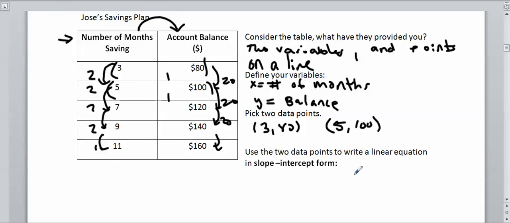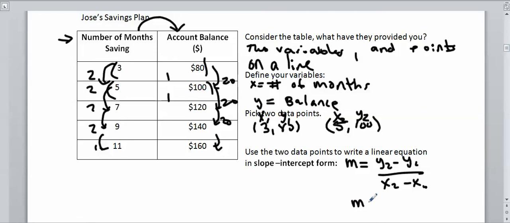So to find the slope, it says use the 2 data points to write a linear equation in slope-intercept form, but the first thing I need to do is find the slope. So that's y2 minus y1 over x2 minus x1. And in this case, we've got x1, y1, x2, y2. Remember, the numbers are just telling me which point it is, either point 1 or point 2.